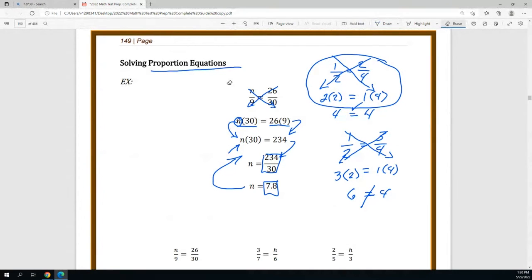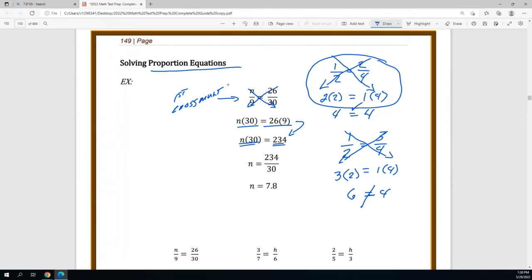So let's go through and write a couple of examples. We'll write some information down. Just so you know, the first step that has to happen is cross multiply. That's what is happening here. After you do that, you'll notice that one side could be solved and get an answer.